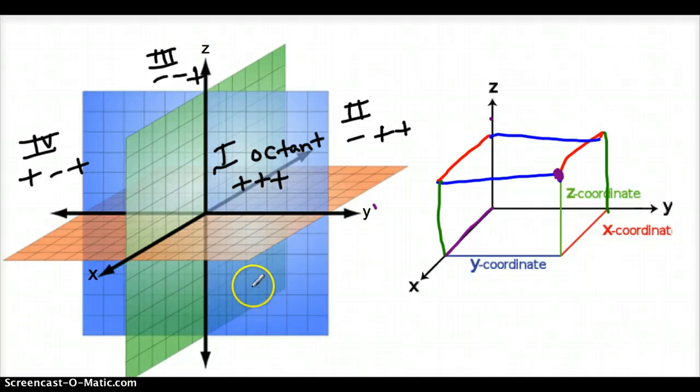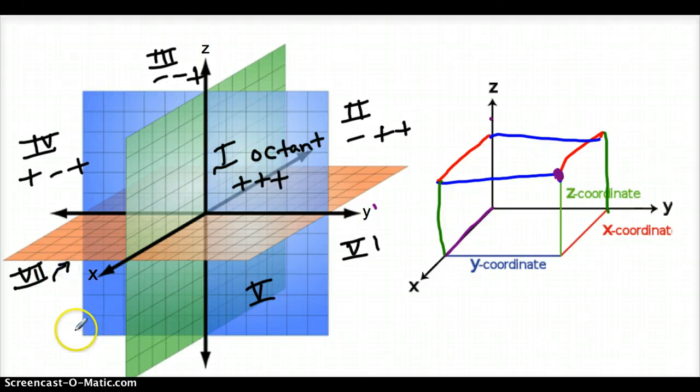Then this is the fifth octant, the sixth octant, tacked way back there, the seventh, oh, I'm sorry, the seventh octant is tucked back behind there, and then this is the 8th octant right here.